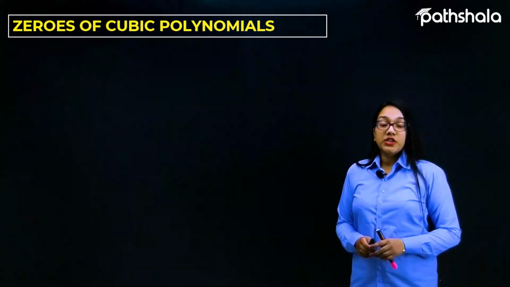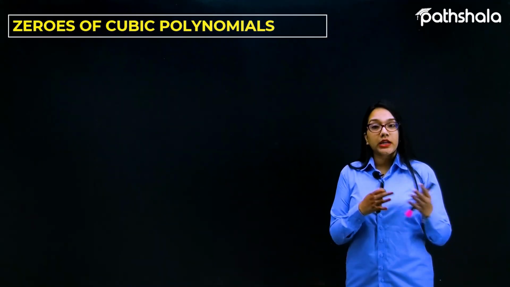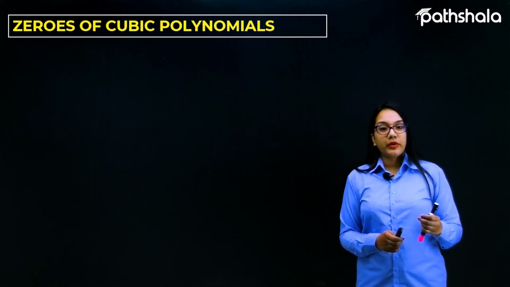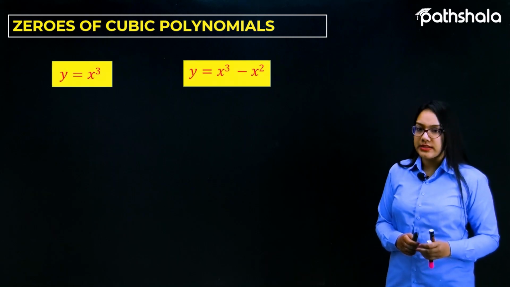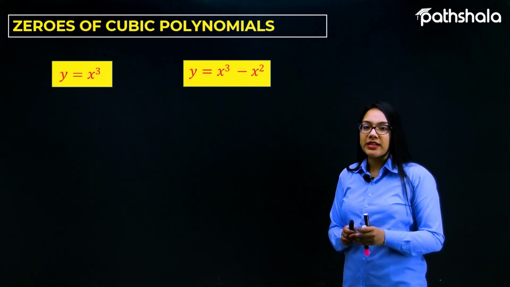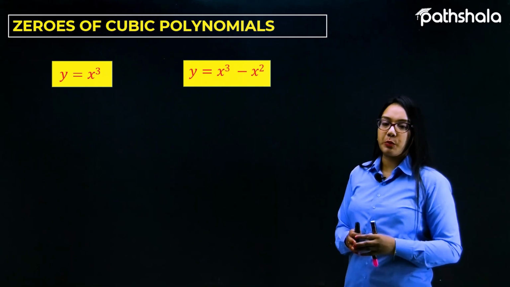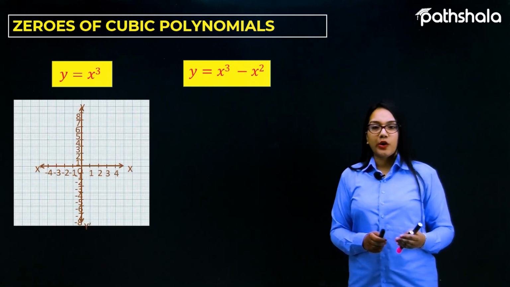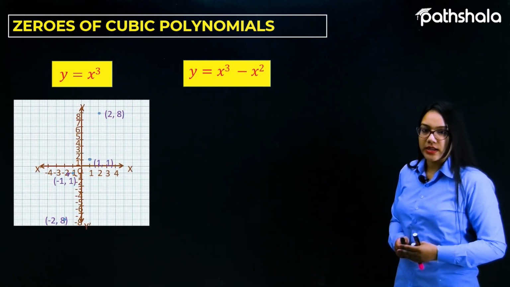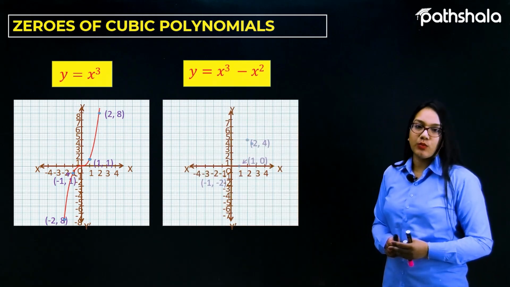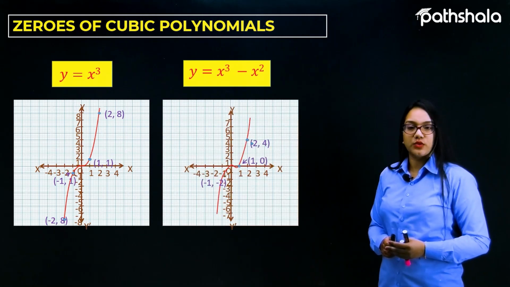So let's see the graphs of other cubic polynomials as well. Let us suppose I'm taking the example of two cubic polynomials: y is equal to x cube and y is equal to x cube minus x square. I am plotting the graph of both of these cubic polynomials, and the graph for the very first one is of this form and the graph of the second one is of this form.